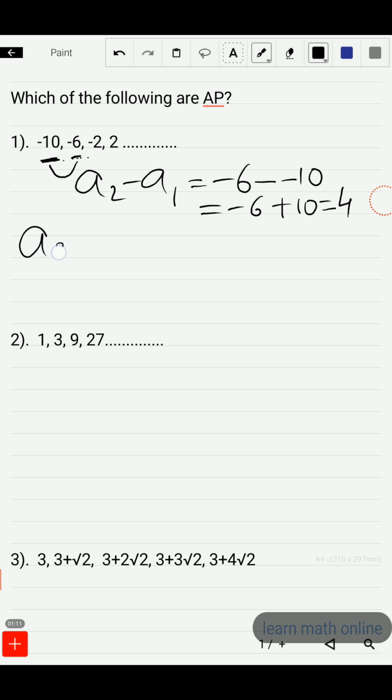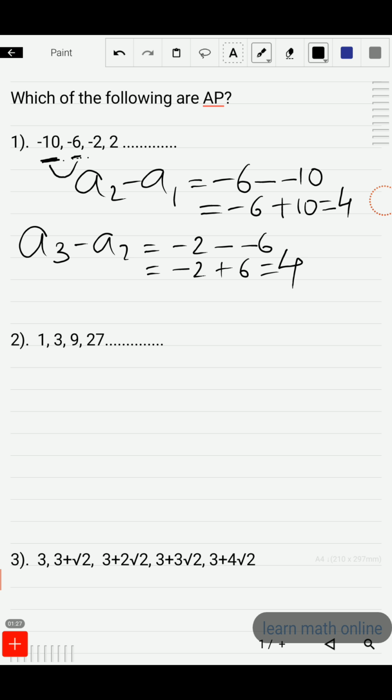Now what is A3 minus A2? A3 is minus 2, minus A2, which is minus 6. So this will become minus 2 plus 6, which gives us 4. Now what is A4 minus A3?